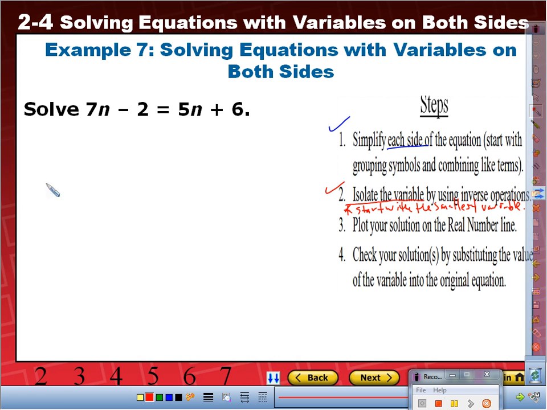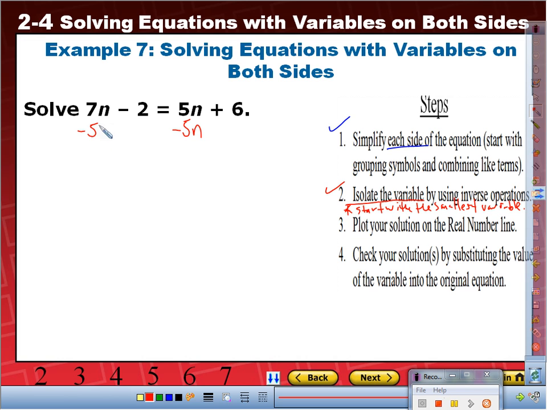Whenever we have variables on both sides and we don't have any more simplification to do, we look at which one of these two is the smallest value. 5n. What sign is in front of the 5n? Positive. So what is the opposite of positive 5n? Negative 5n. Whatever we do to one side, we do to the other, and you align it.